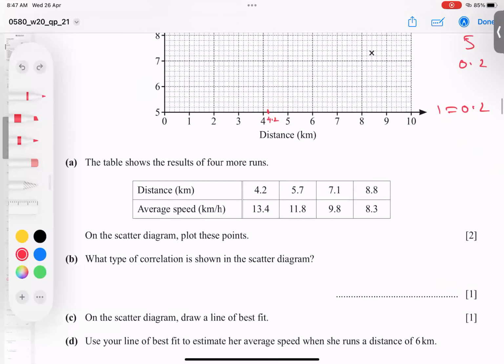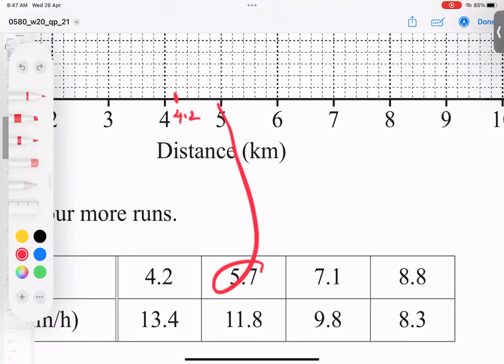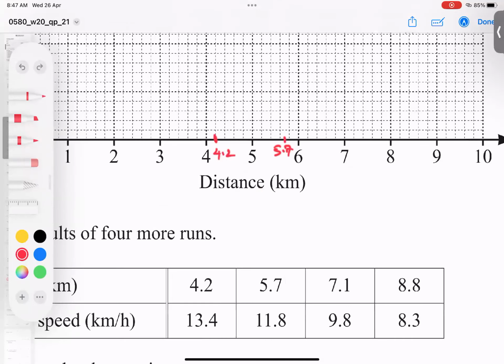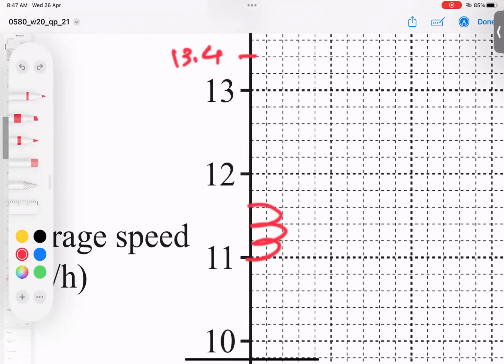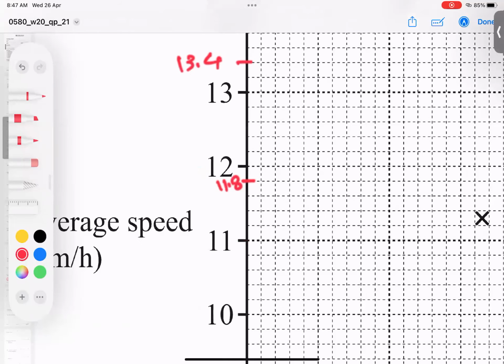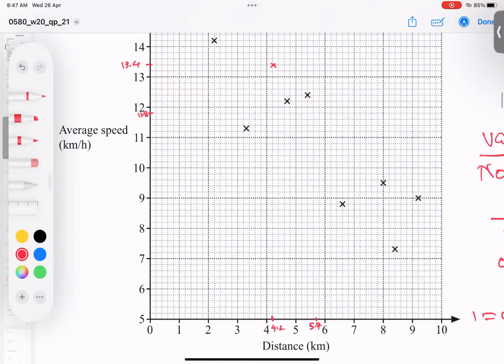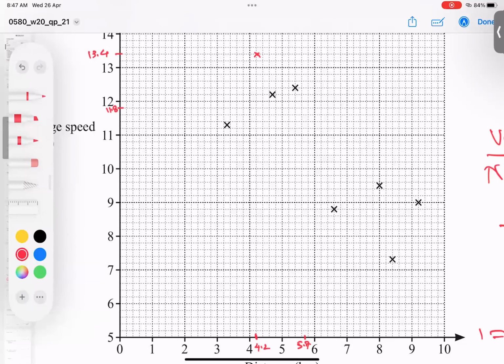So let's go to the second point. 5.7 is where? 5.2, 5.4, 5.6, and 5.7 comes here, half a box. And where is 11.8? 11.2, 11.4, 11.6, this is 11.8. I believe all of you understand what I'm saying up till now. And 11.8 and 5.7, where do they meet?